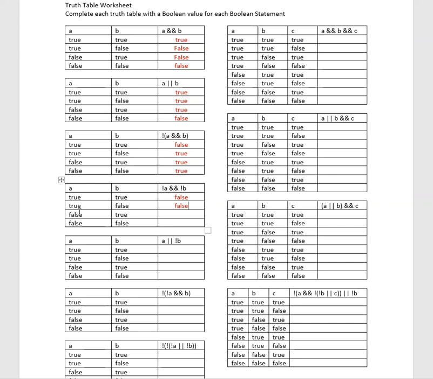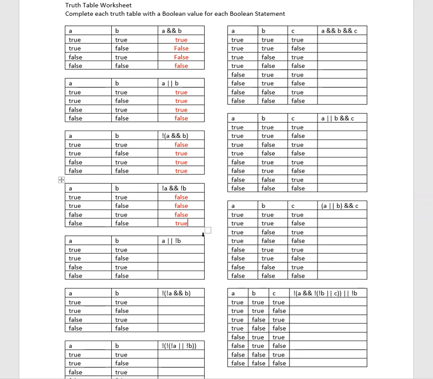Then I have not false, that makes it true, but not true makes it false, and one false makes an and statement all false. Finally, the last one I have not false is true and not false is true, therefore it is true.